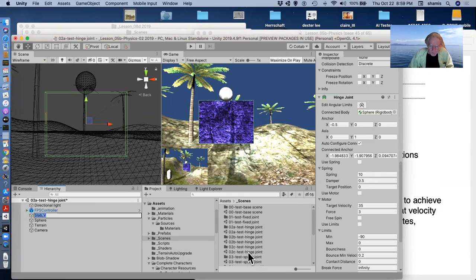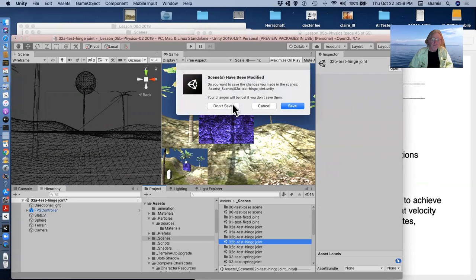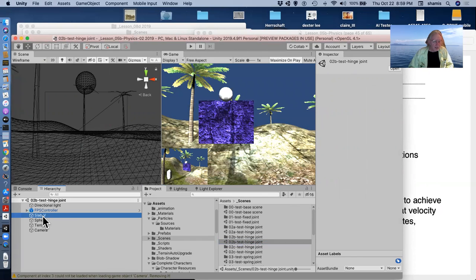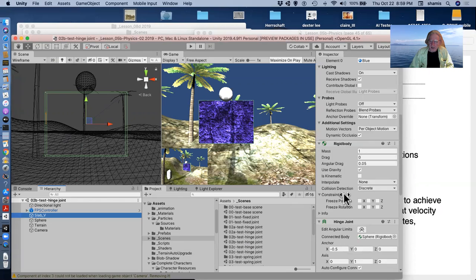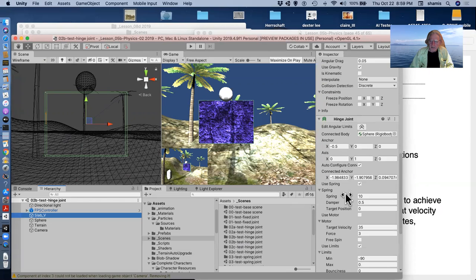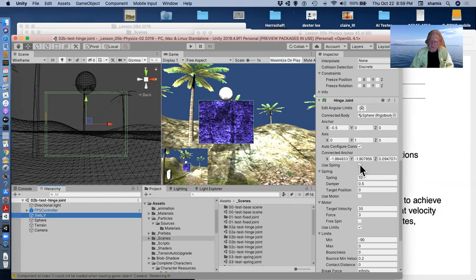So let me go to the next scene here. I'm not going to save that. I'll leave it alone. And this one differs only in the fact that on my hinge joint, I now have turned on the use spring. With the spring, I have a strength of the spring. It's 10 units. They're kind of arbitrary.